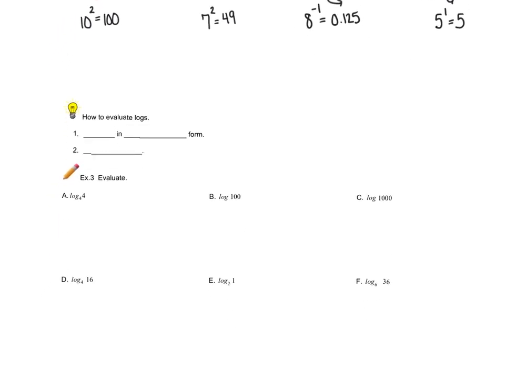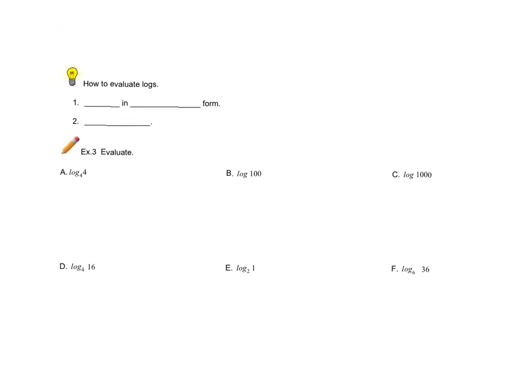All right, and last thing, how to evaluate logs. First, write equals x at the end. We're going to put it in exponential form and then solve it. So remember, exponential form is b to the x equals a.